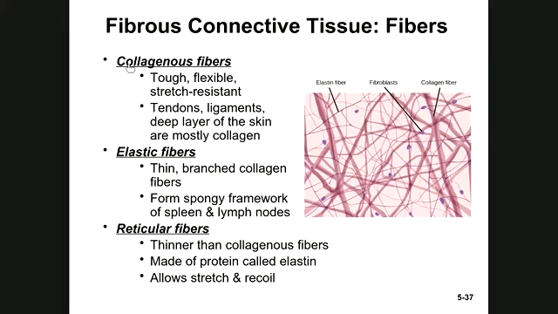The other fiber is called reticular fibers. First, I made a mistake in typing. So here we should have reticular. And here we should have elastic. Please correct it in your own PowerPoint. Here, first about the reticular fibers.